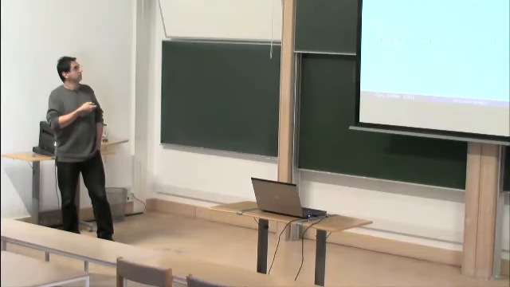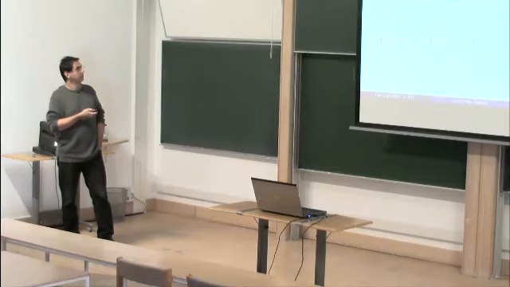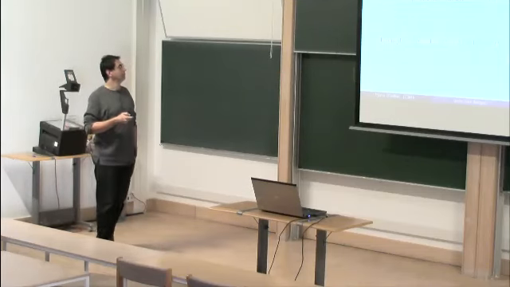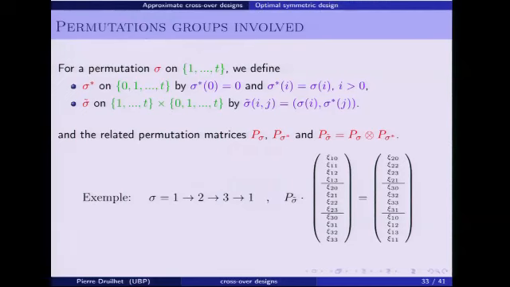If you make a permutation of the treatment labels, of course zero is still zero, and for the other treatments, sigma star is equal to sigma. This is just to take into account that you have a special carryover effect for having no treatment before.